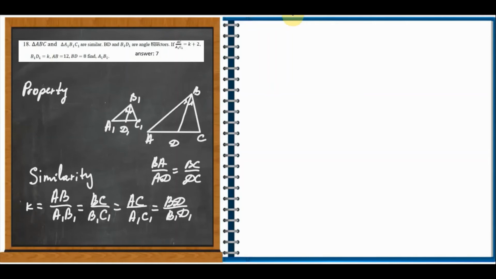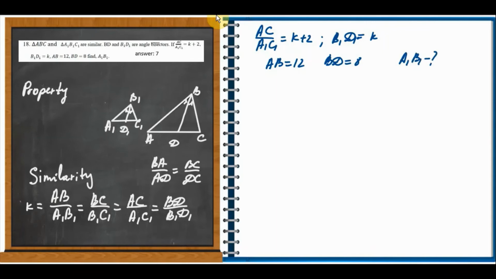Now, let's write what is given. AC over A1C1 is K plus 2 and B1 D1 is equal to K, and AB is given as 12, BD is 8. We need to find A1, B1. Now, we have AB and BD, and AC to A1C1.